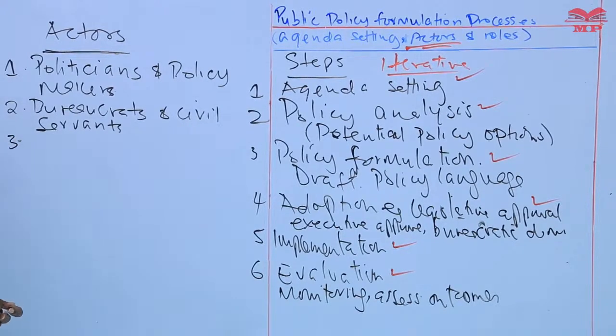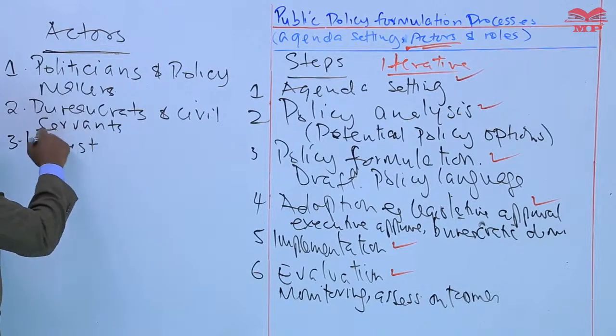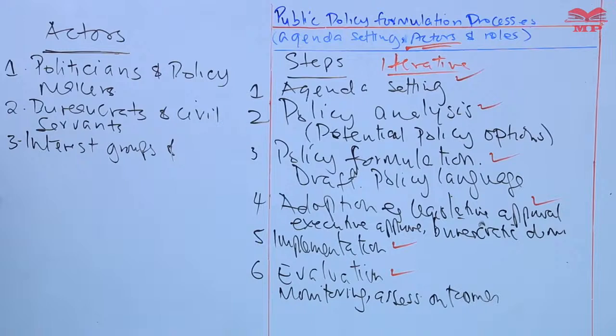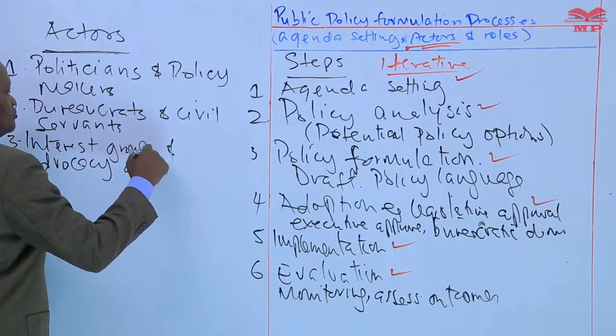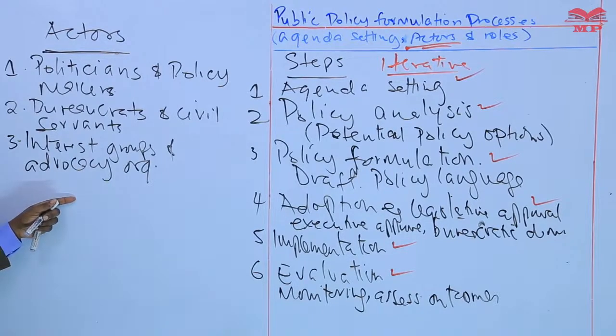The third actor is interest groups and advocacy organizations. These are organizations that represent specific interests or constituencies.